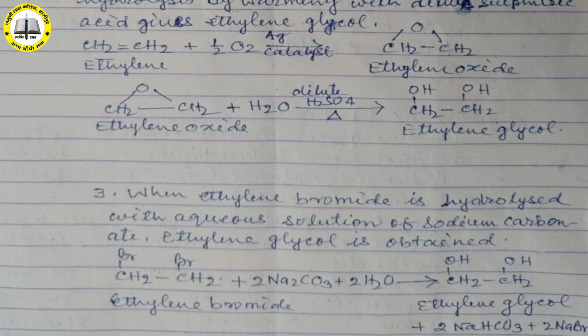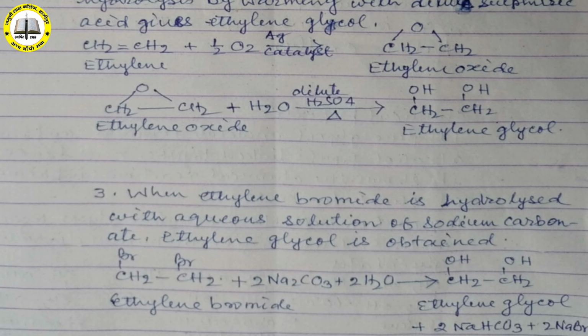CH2=CH2, this is ethylene, reacts with half O2 in presence of silver as catalyst, gives ethylene oxide, and this ethylene oxide reacts with dilute sulfuric acid and is heated also.